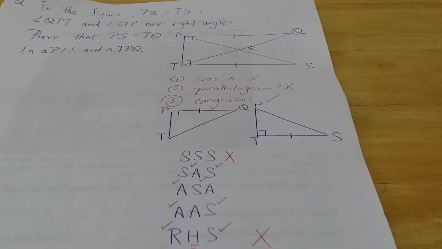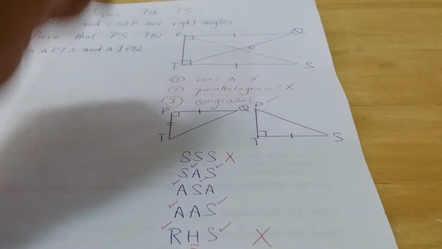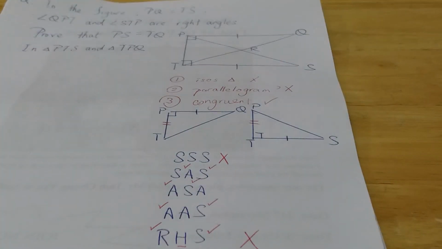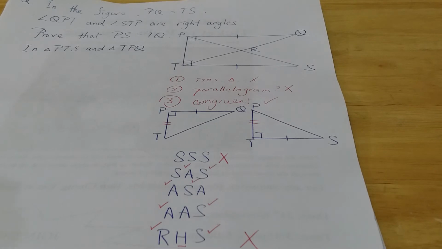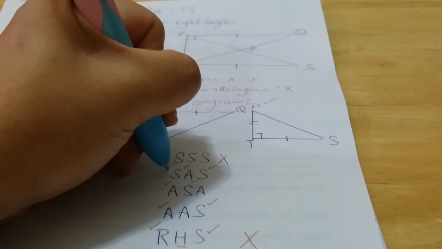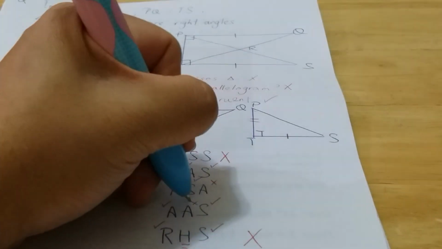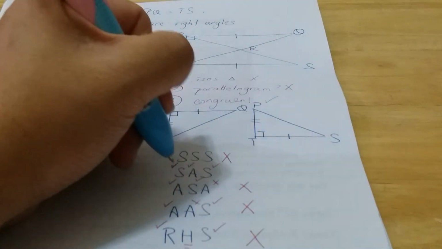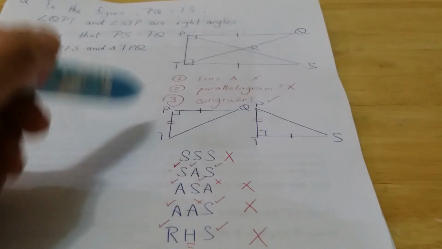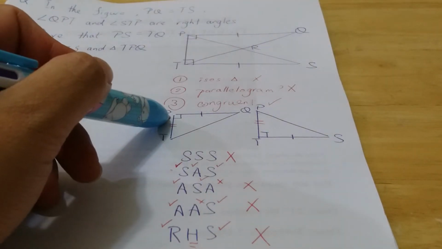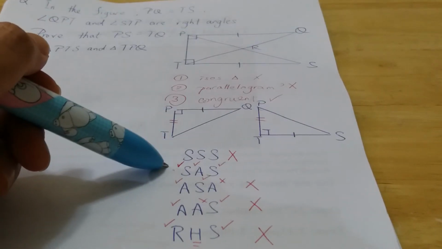What is the last reason we are going to use? PT, the common side. This is once again an S. We do not have another A, so we do not have those two. We are going to use SAS, not RHS, even though there is a right angle.